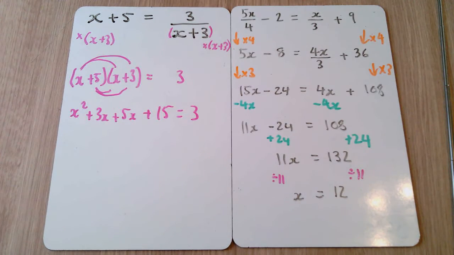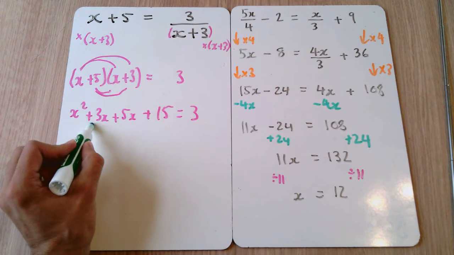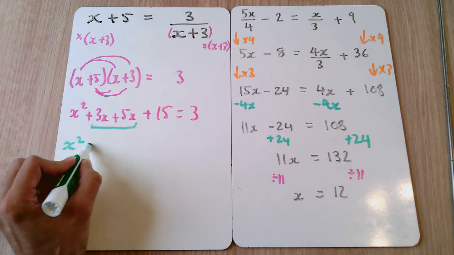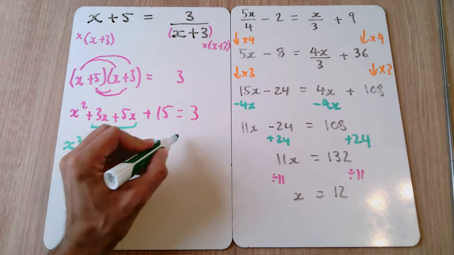Now, what we've obtained here is a quadratic term, and when you solve a quadratic, it needs to be equal to 0. This is always the case when you solve a quadratic. If we collect the like terms on the left-hand side, we have here 3x plus 5x, giving us x squared plus 8x plus 15 is equal to 3.